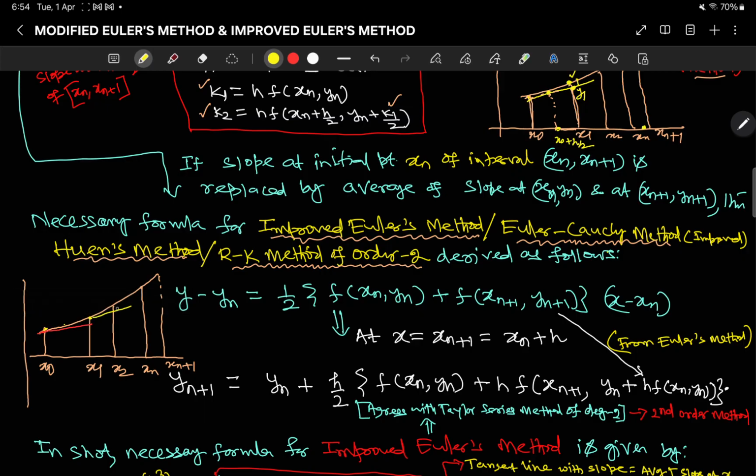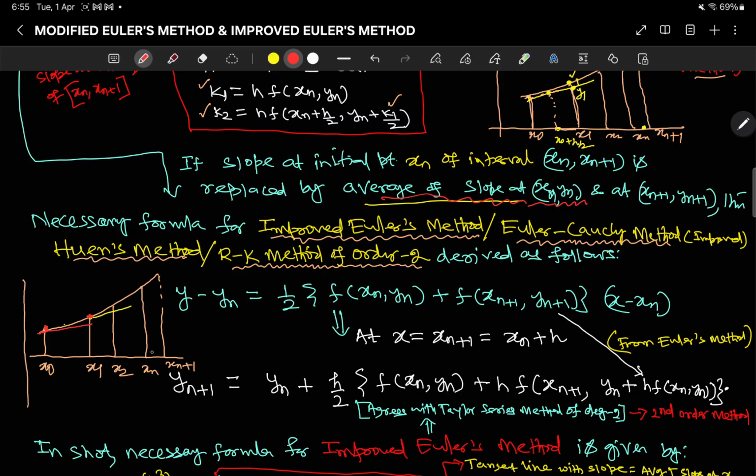If I take the average of the slopes of these tangents, the average of the slope at the end points of the interval, then this reduces to your improved Euler method.